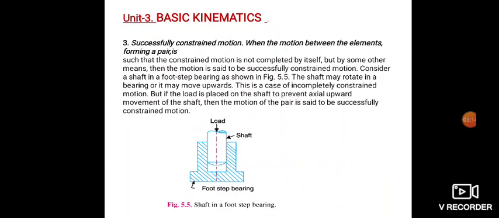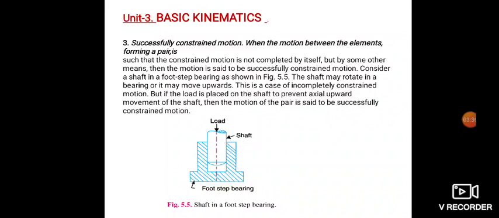And the third type, successfully constrained motion: when the motion between the elements forming a pair is such that the constrained motion is not completed by itself but by some other means, then the motion is said to be successfully constrained motion.